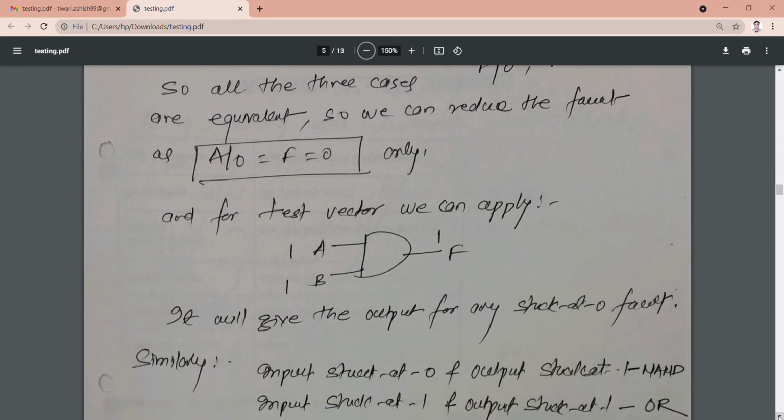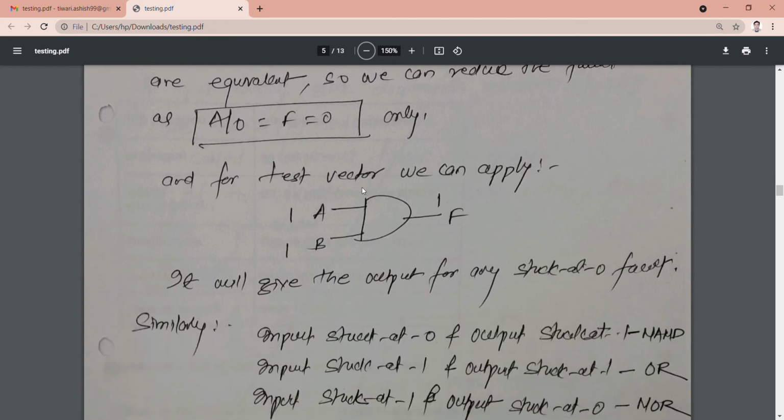Okay, and for the test vector we can apply 1 1. So if I have any fault, let us say at here or here or here, that will become 0, then your output will become 0. So you are applying test vector 1 1 and you are getting output as 1.